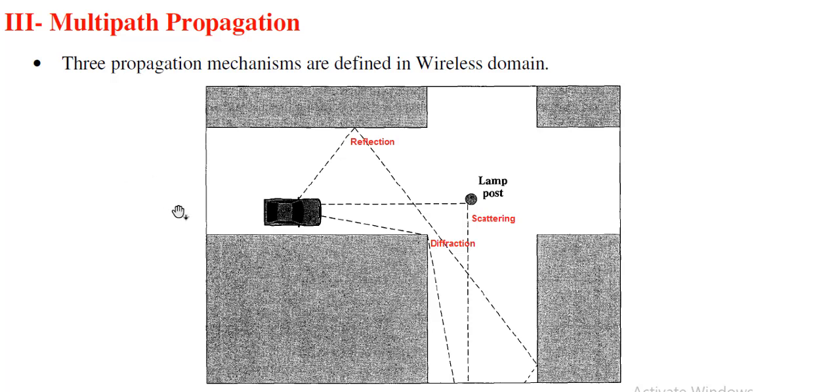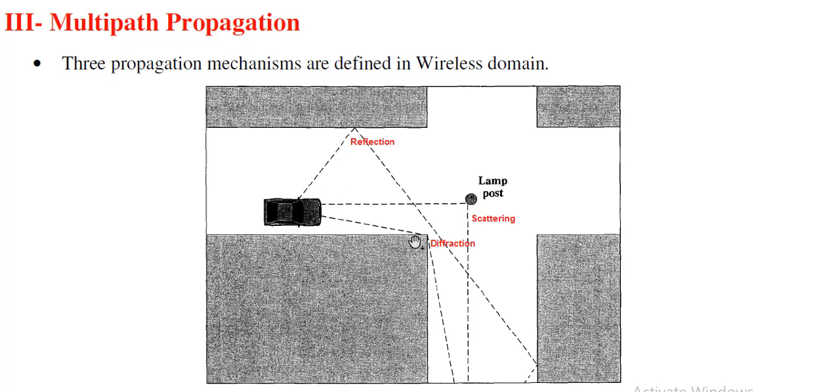But if things are not always idealistic, if we have obstacles in the space between the two antennas, then we might end up with different events that happen to the signal. The first one is the reflection, as we saw before, which means that the signal will hit an object which is more dense compared to the first signal. Then the signal will get reflected. This is the first phenomenon.